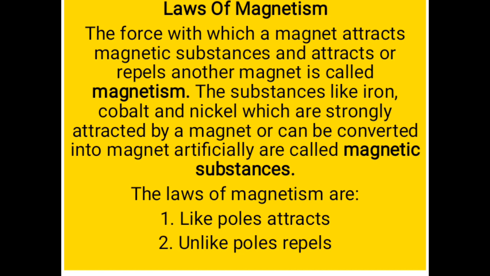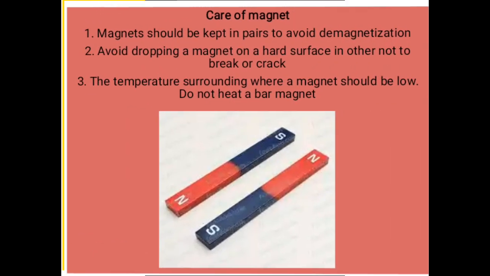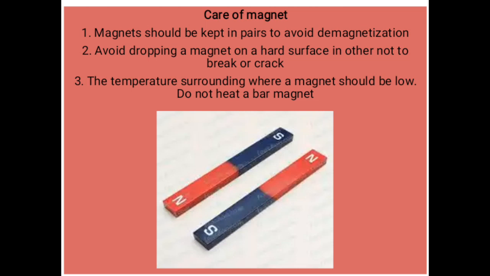Magnetic substances. Those things you can convert to magnets artificially are what we call magnetic substances. And remember, I said we have two laws of magnetism. Like poles attract and like poles repel. Are you with me?